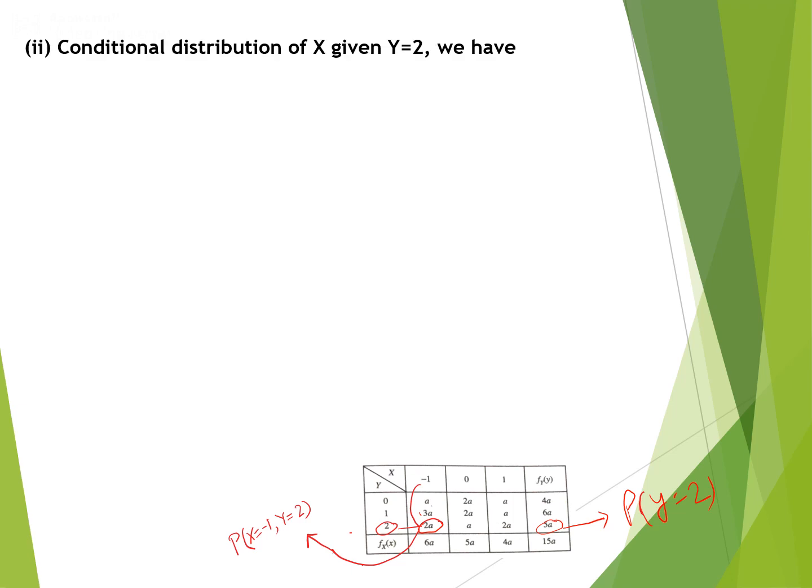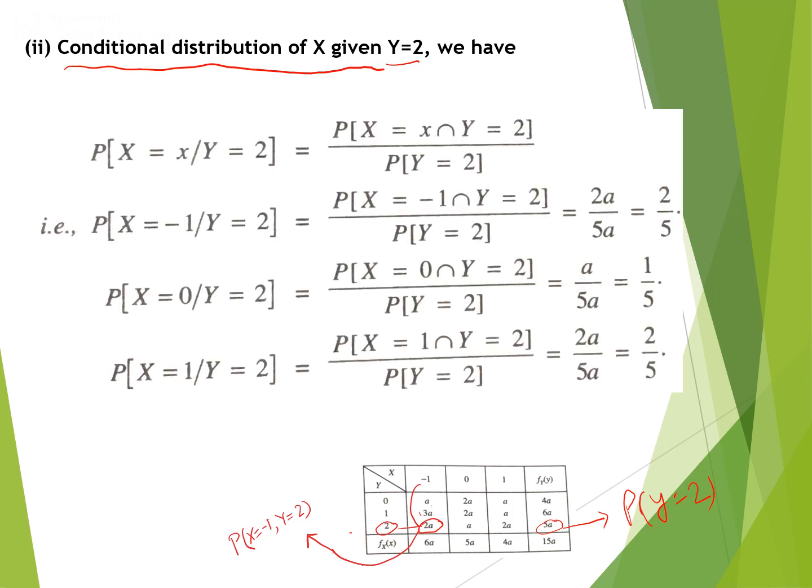Now the second part of example 1, we have to find the conditional distribution of x given y equal to 2. Here we have to find the probability that x equal to x given that y equal to 2, which is equal to the joint probability of x equal to x intersection y equal to 2 divided by the probability of y equal to 2. Here we note this is a marginal probability and this is a joint probability.